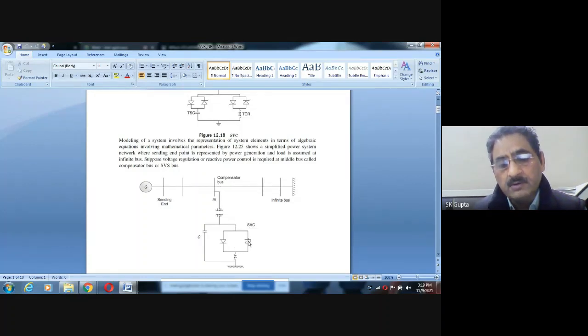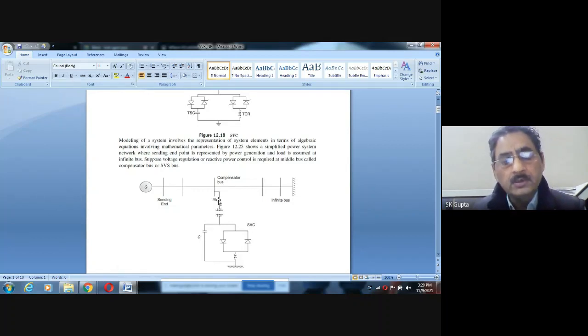The reactive power supplied will depend upon the value of susceptance, the maximum value of susceptance. The firing angle can be such that the whole inductance is connected, or such that no inductance is connected. But even then, we cannot say how much reactive power will be supplied, because the reactive power supplied will be a function of voltage.